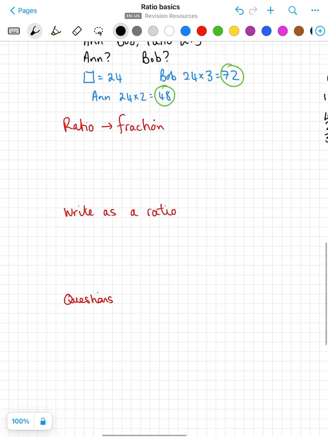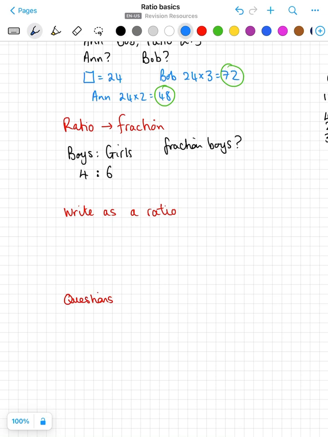Ratios into fractions. Let's imagine the ratio of boys to girls at a school is 4 to 6. What fraction are boys? Again, let's use our visualising method. For every 4 boys, there are 6 girls.